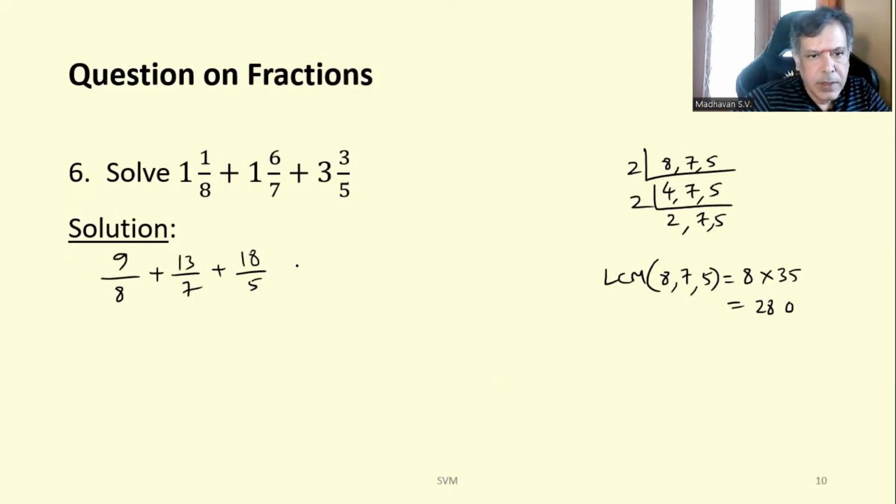So that means we can take the LCM for this as 280. Now 9 into 8 3s are 24, 5s are plus 13 times 7, 40 times plus 18 into 118.